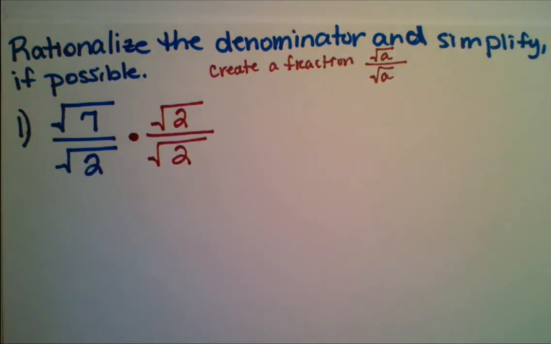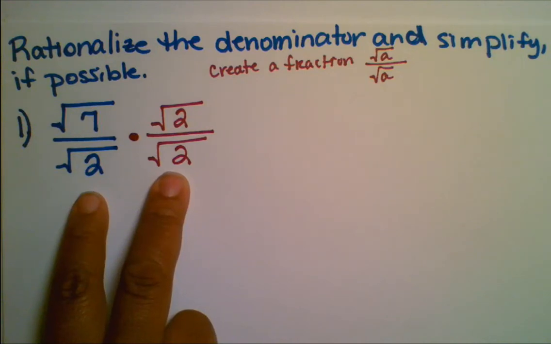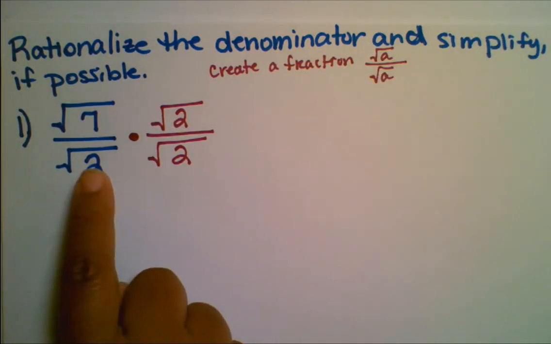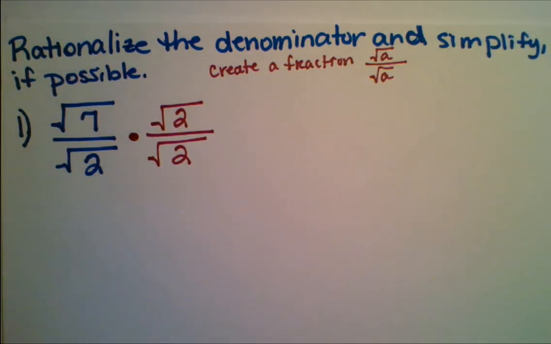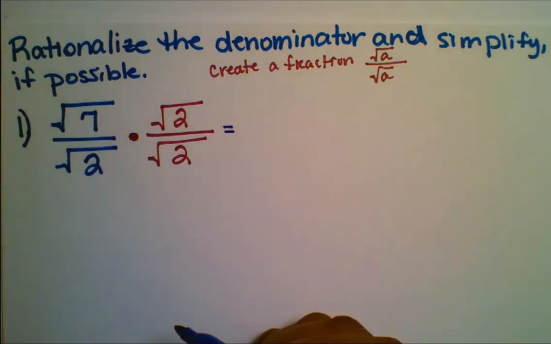Now remember, a couple of videos back we talked about what happens whenever you multiply two identical radicals. Our product is going to be a perfect square that we take the square root of, but our end result is going to be the radicand. So let's multiply our numerators, because remember, how do we multiply fractions?